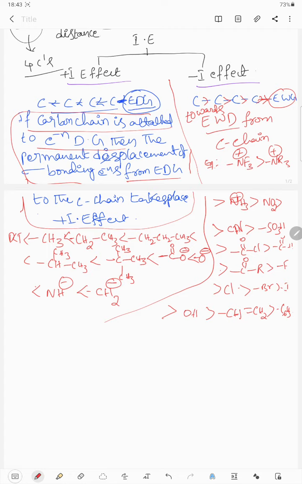So this is the order of effect of groups towards minus I effect.